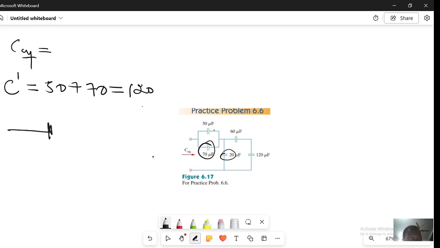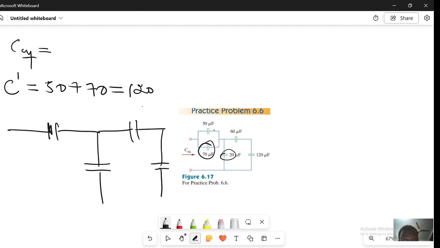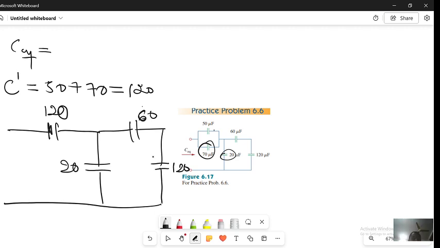I will have this capacitor here, another capacitor here, and another capacitor here. This is my 20, here is going to be my 60, here is going to be my 120.